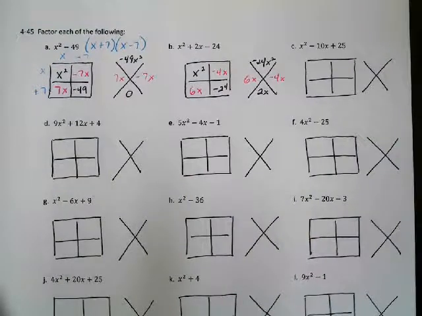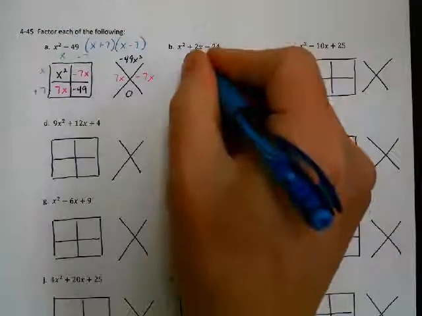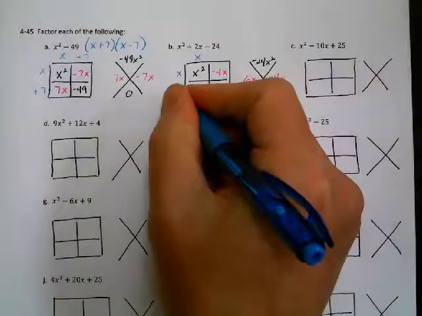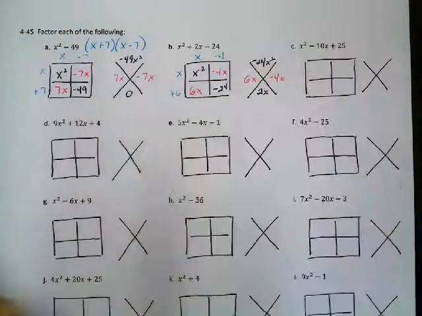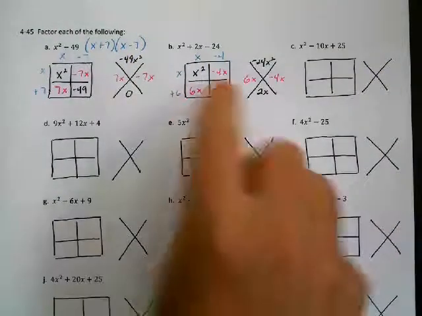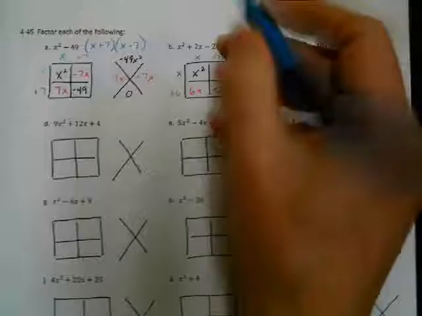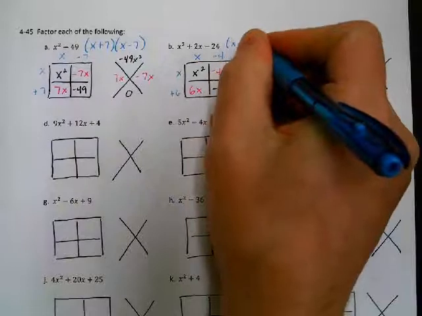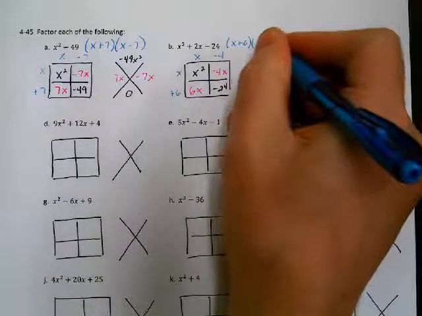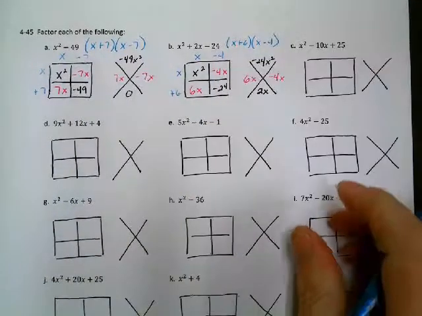All right, so now I split it up. x and x. This should be 6. This should be negative 4. So it looks like if it multiplies correctly, this should be x plus 6 times x minus 4. Awesome.